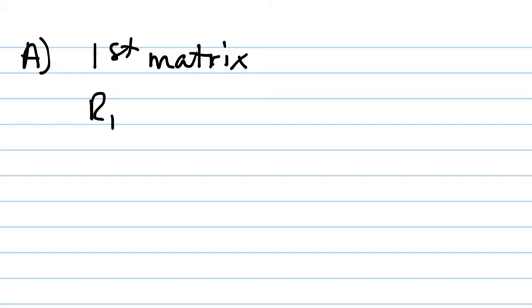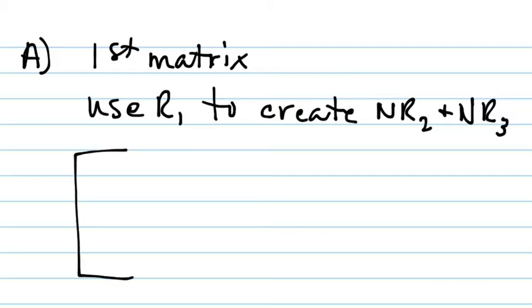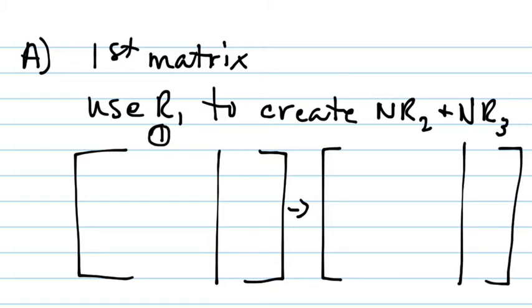You're going to use row 1 to create a new row 2 and new row 3. Okay? So in other words, you're going to have a matrix. And this is the first one you built. So that's matrix number 1, right? And you're going to build a new matrix, matrix number 2. So we have row 1, we have row 2, and we have row 3. These are our original matrix.